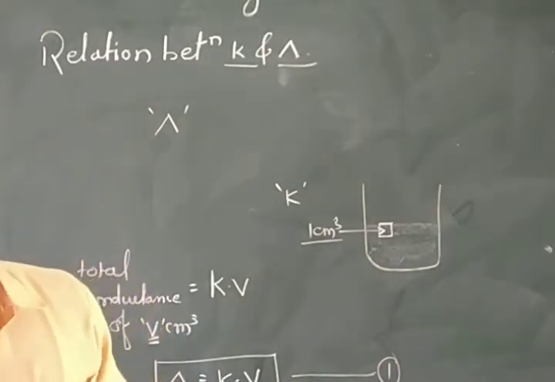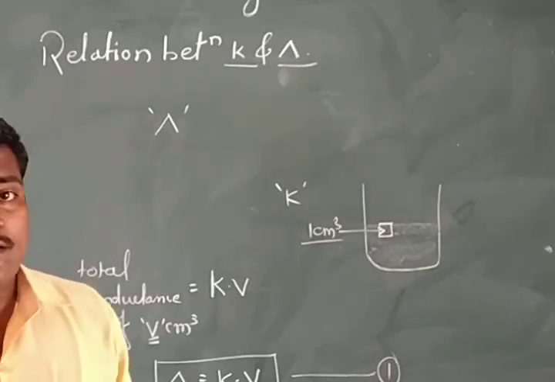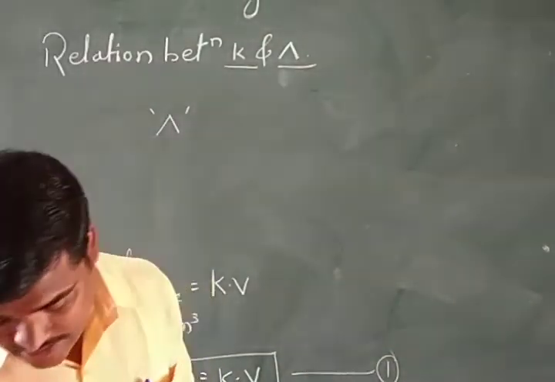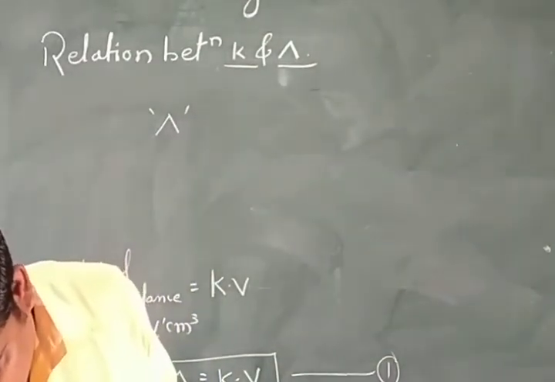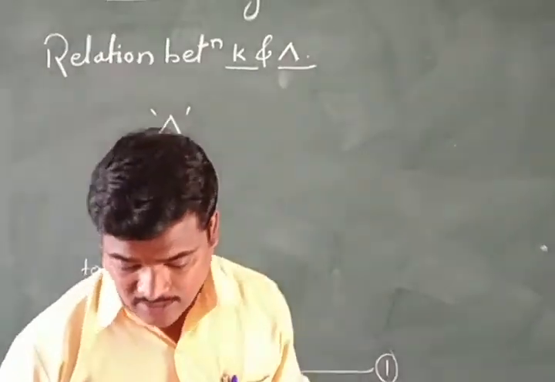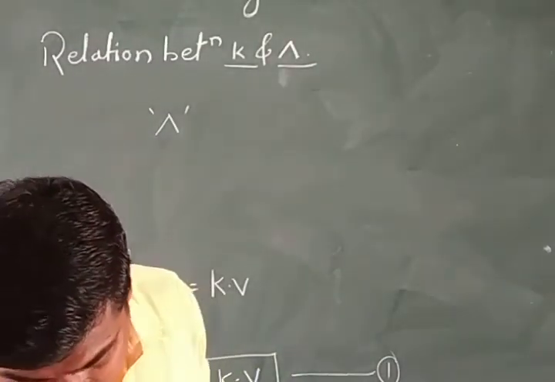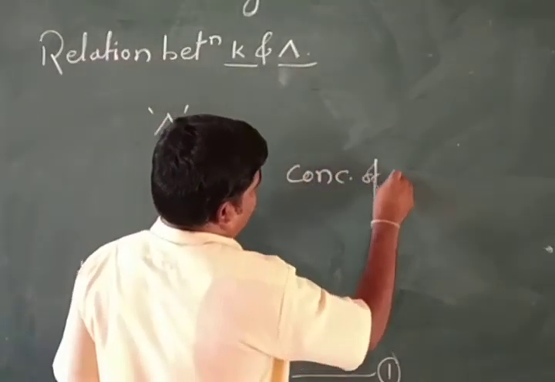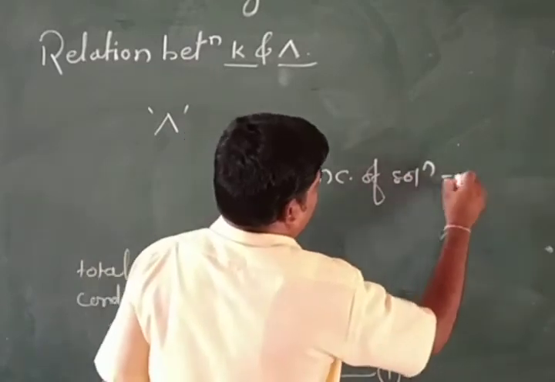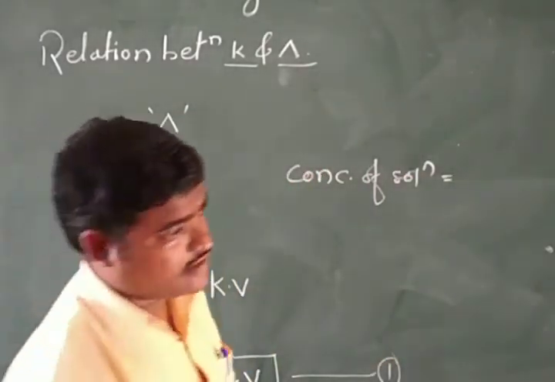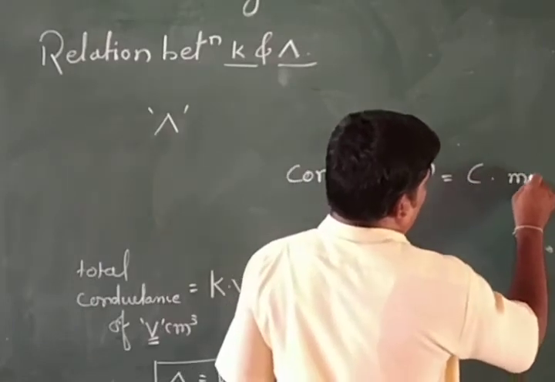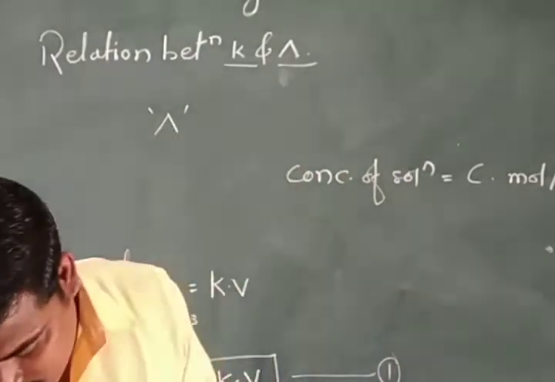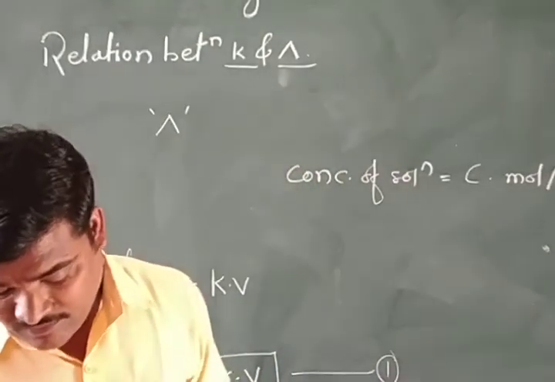If we look at the concentration of solution, we measure it in terms of C, and the unit of that concentration is C mole per liter.